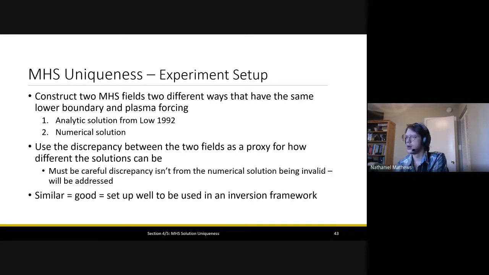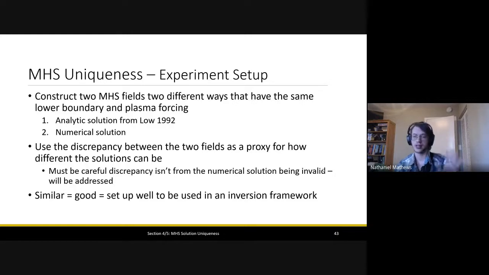So the way we're going to test this is not with an analytic pen and paper calculation of solution space sizes. We're going to run an experiment. And we're going to use this forward model that I built, this numerical method to construct MHS fields, as the tool for this experiment.